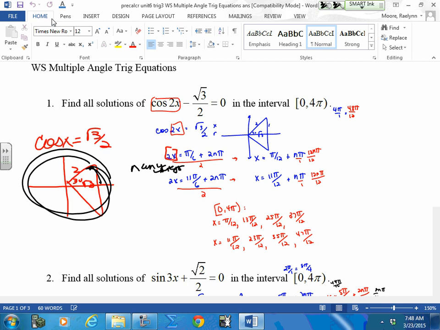Now we're going to deal with the double angle. So let's think first. If I have two angles in 2 pi, how many angles, if I double it, should I now have in 2 pi? 4, right? That's what my double angle means. That's the difference from precalc from algebra 2.